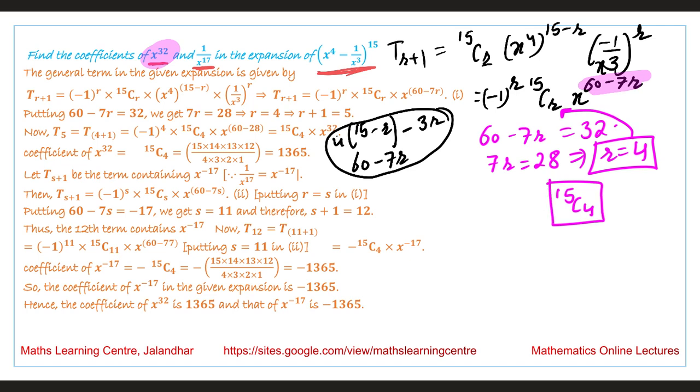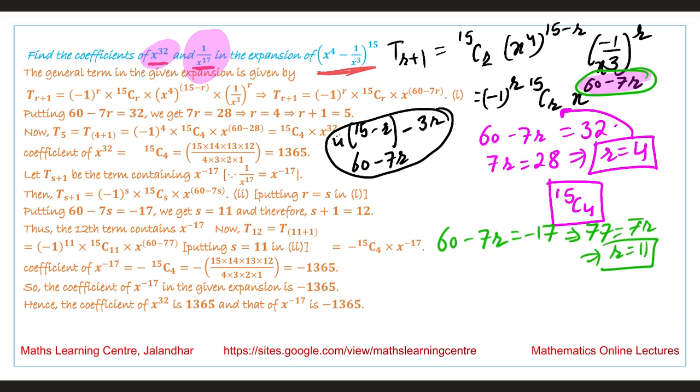In the second case, we are saying when we have to find the coefficient of 1 by x raised to the power 17, this value 60 minus 7r should be equal to minus 17. This implies that 77 is equal to 7r, and this implies r is equal to 11.